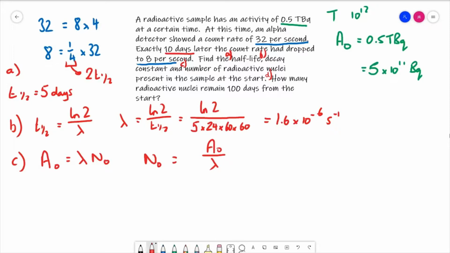We've calculated lambda in part B. We're given A0 in the question. So we have 5 times 10 to the 11 divided by 1.6 times 10 to the minus 6, and that therefore gives us an answer of 3.1 times 10 to the 17 nuclei. We don't need to bother putting a unit on that because it's a number and is therefore dimensionless.